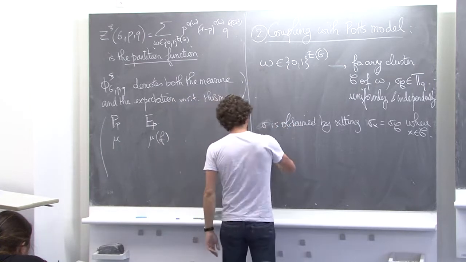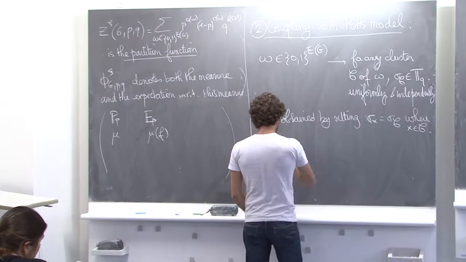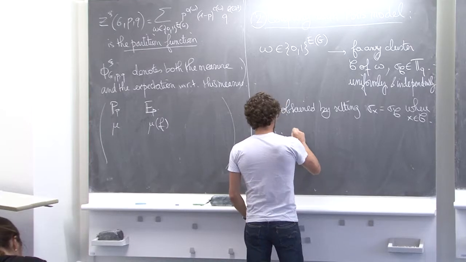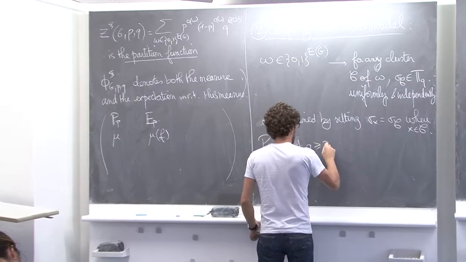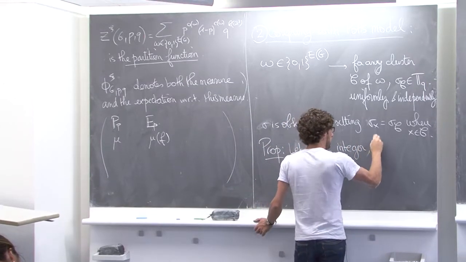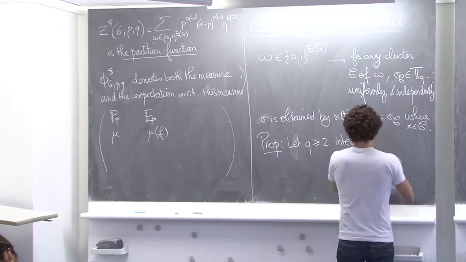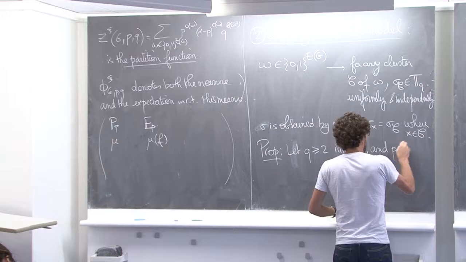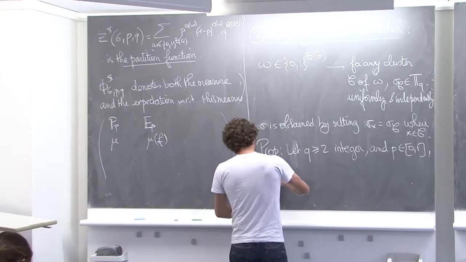But the proposition is the following. Let q be larger or equal to 2, an integer necessarily, and p in [0,1].